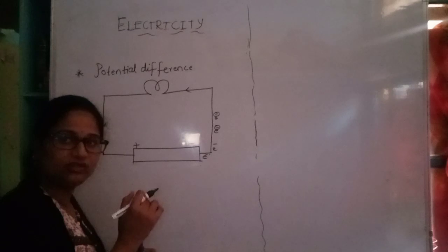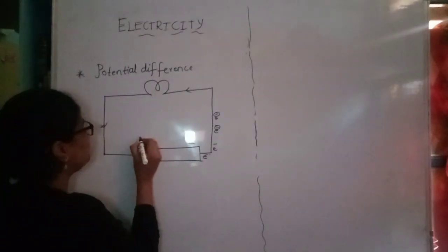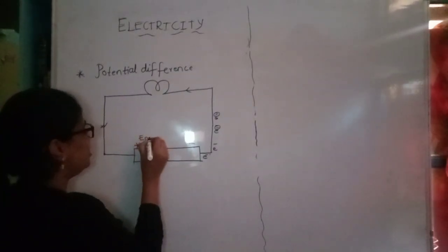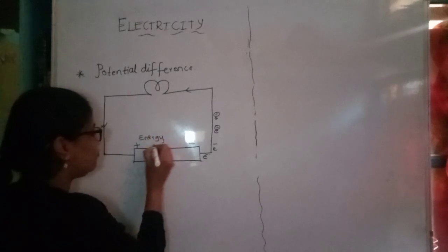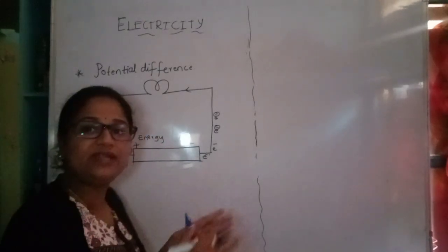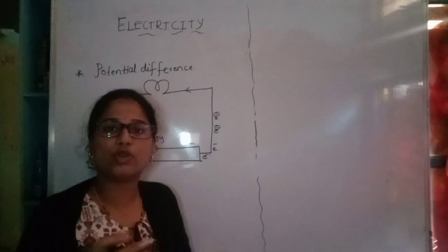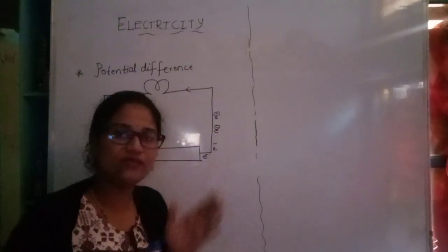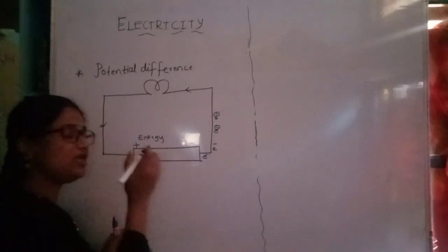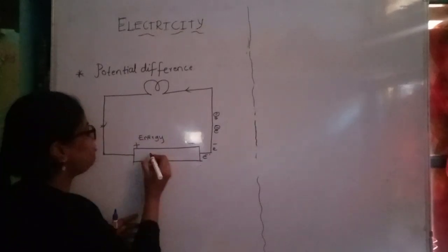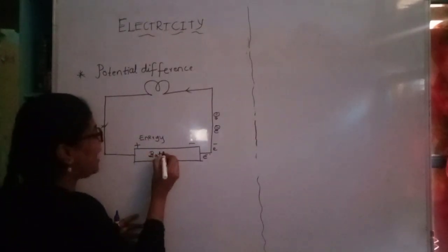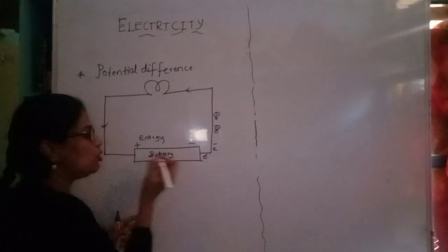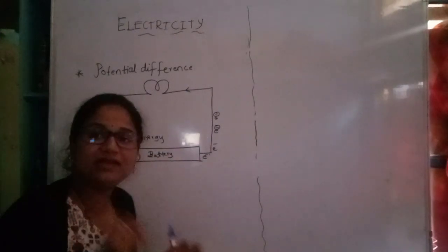By applying external energy, an external force, the electrons move in a particular direction. That force will come from the battery itself.